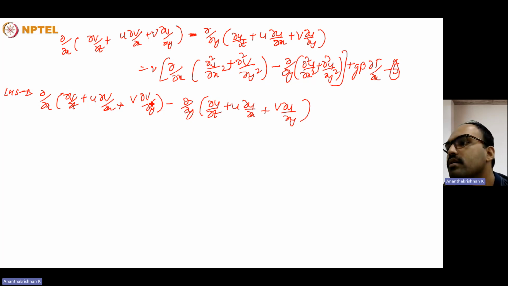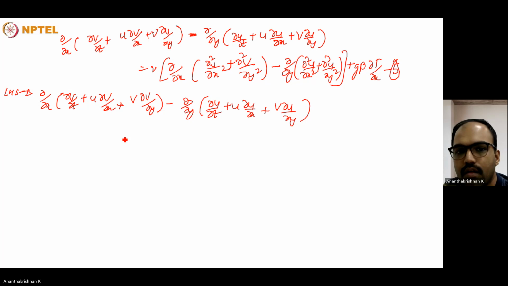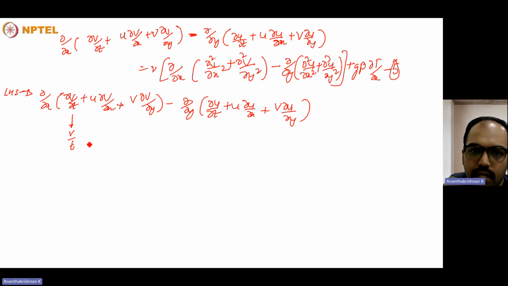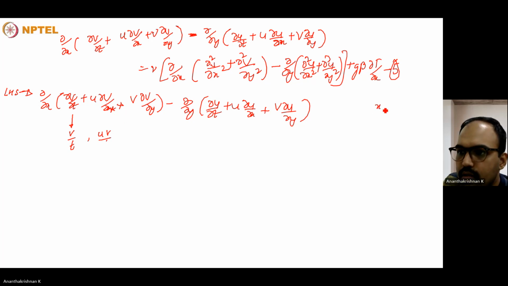So we could see dou v by dou t could be scaled as v by t. This could be scaled as u v by x can be scaled as delta t.